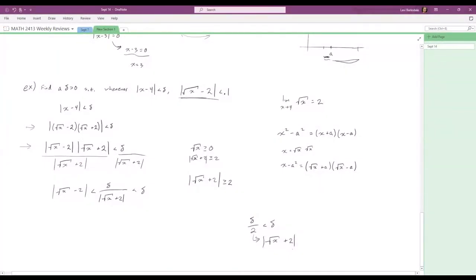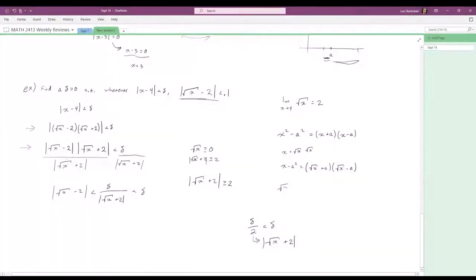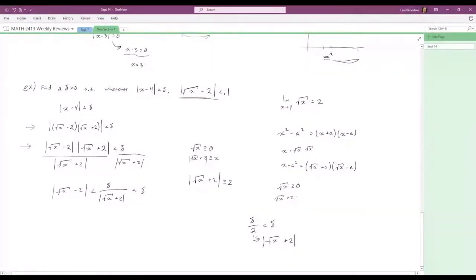But what I'm saying is that the absolute value of the square root of x plus 2 is always bigger than or equal to 2, because I know that the square root of x is always bigger than 0. So the square root of x is bigger than 0. So then the square root of x plus 2 is bigger than 2. So then when I take the absolute value of both sides, we get the same inequality.